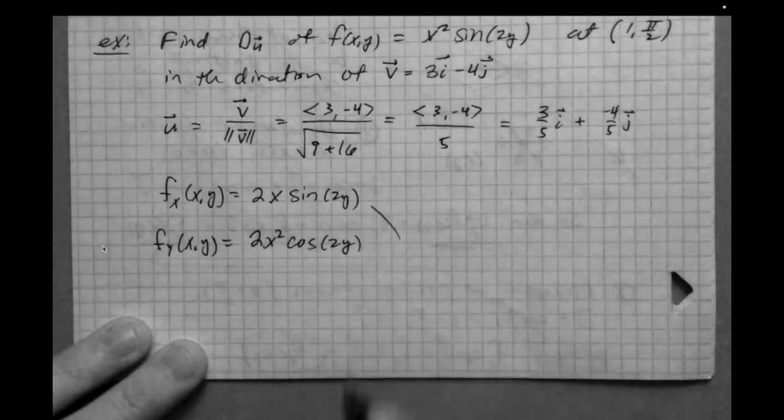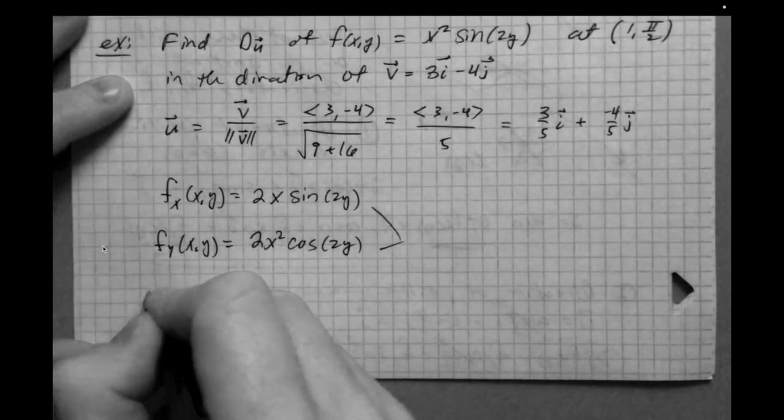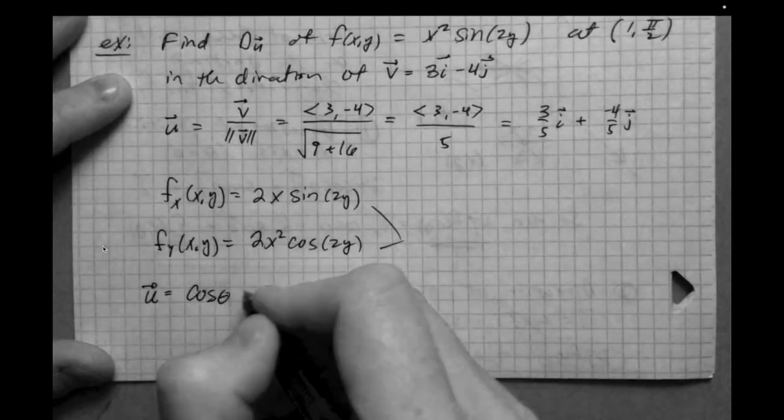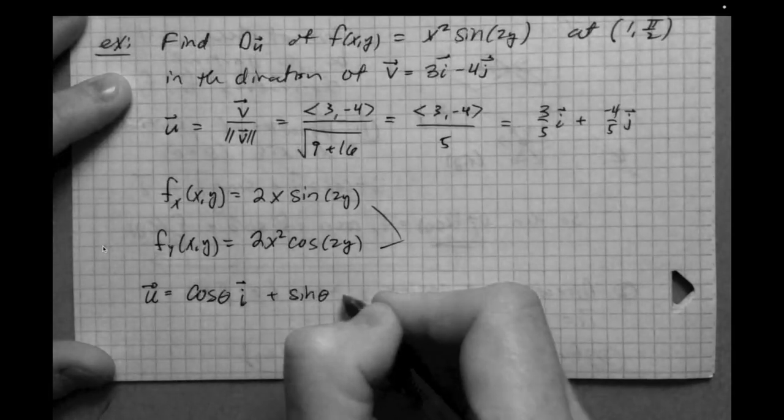Okay, so the partial derivatives exist and are continuous, so that means f is differentiable, and we can apply our previous theorem. Remember, our general u was cosine of theta i plus sine of theta j.